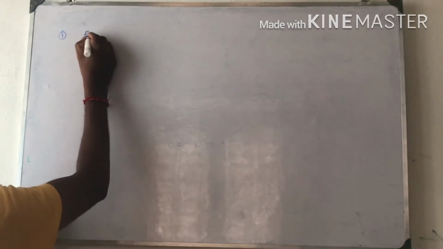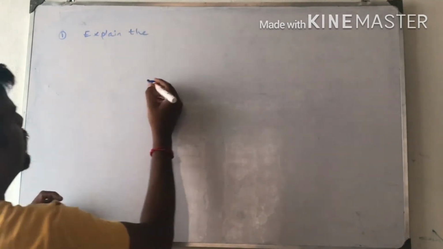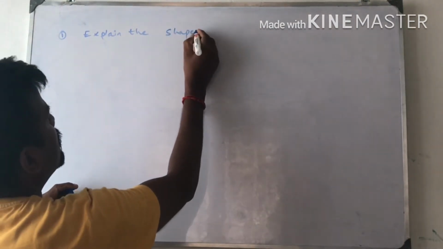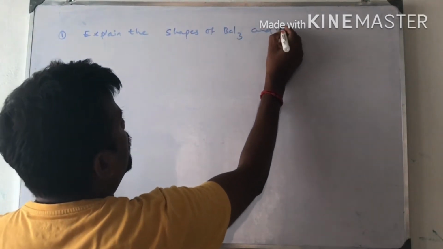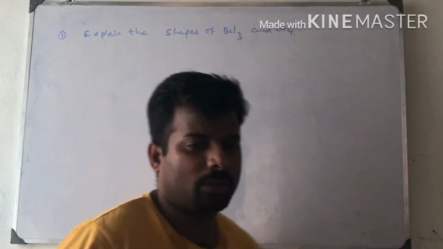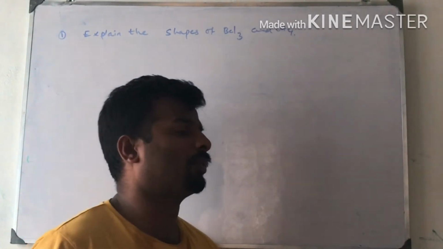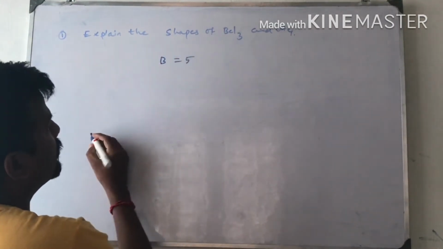Question number one: explain the shapes of BCl3 and CH4. BCl3: boron has atomic number 5.